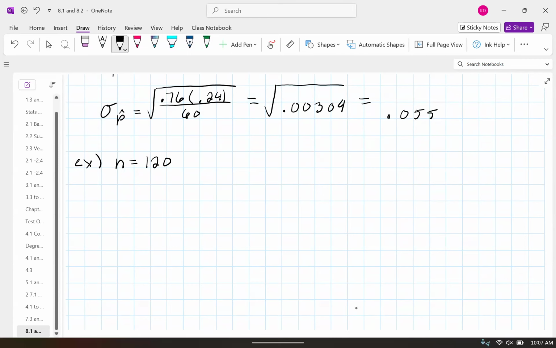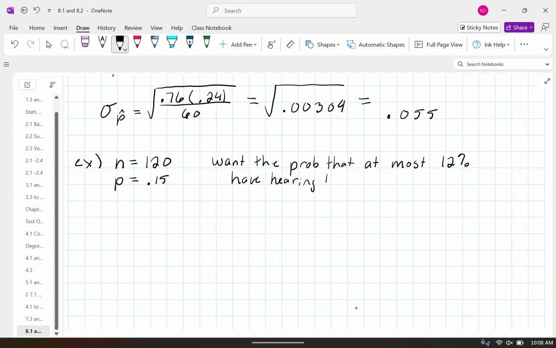Our population proportion, or our mean in this case as well, is 0.15. And we want the probability that at most 12% have hearing loss. So this is 12% or less.